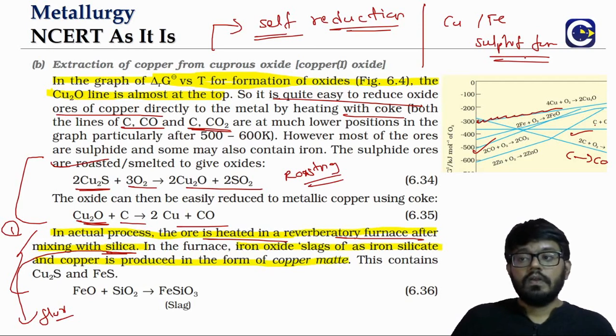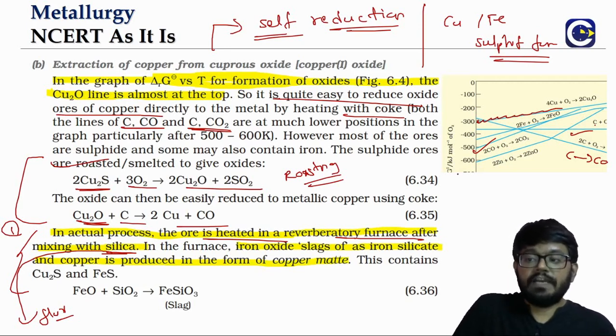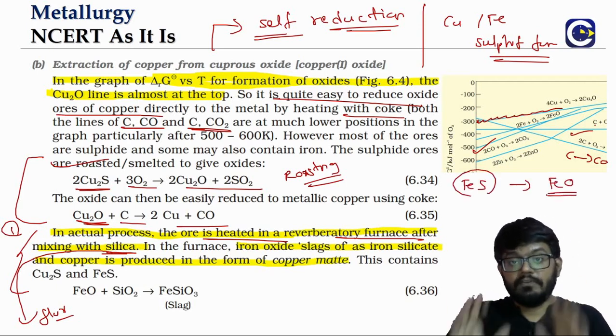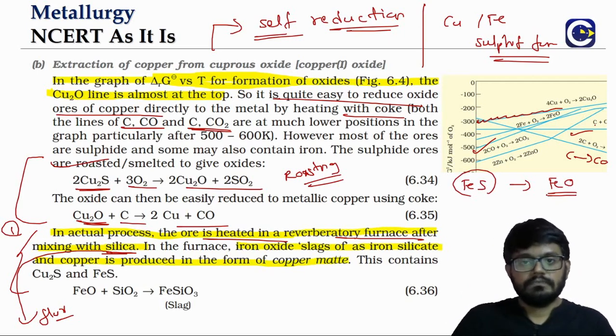Now, iron is more electropositive than copper, in the sense more reactive. So the iron sulfide is the one that will convert itself into the oxide form inside the reverberatory furnace. Majority.